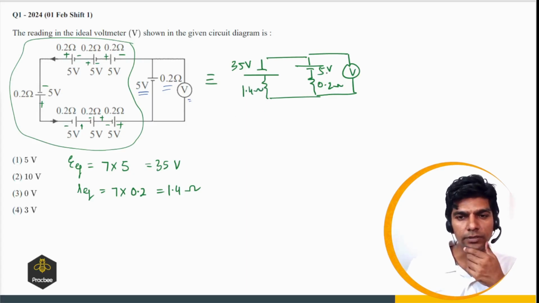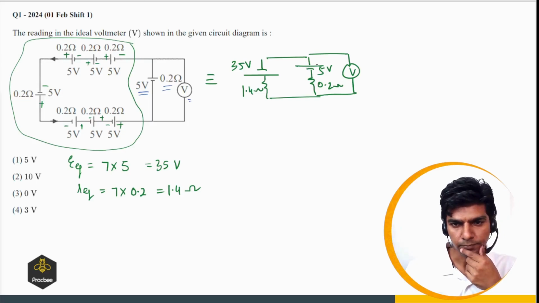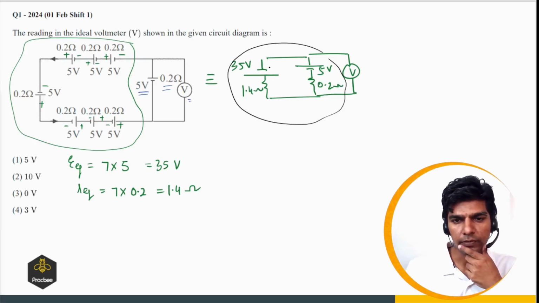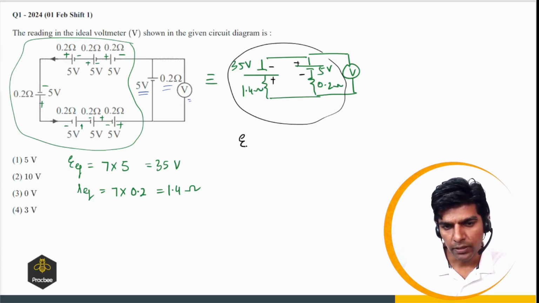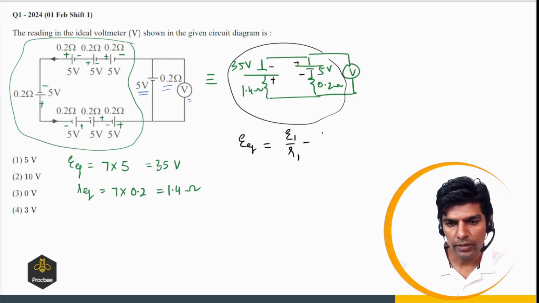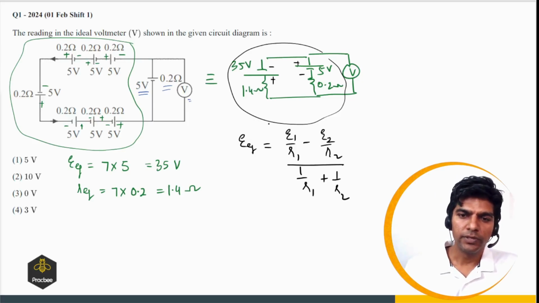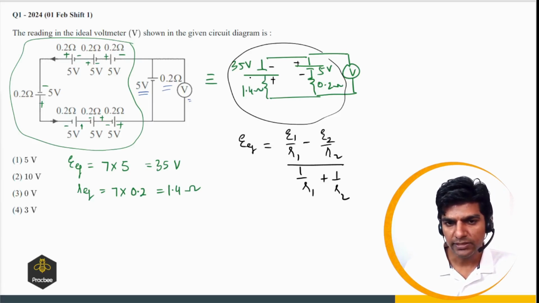Now this is a combination of two batteries in parallel, but their polarities are opposite. So in this case, E equivalent will be given as (E1 by R1 minus E2 by R2) divided by (1 by R1 plus 1 by R2).